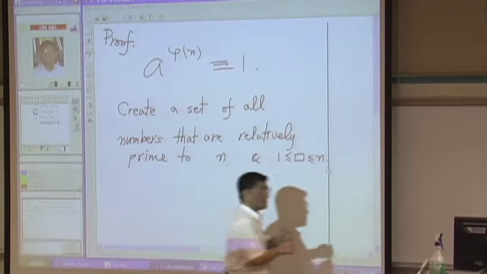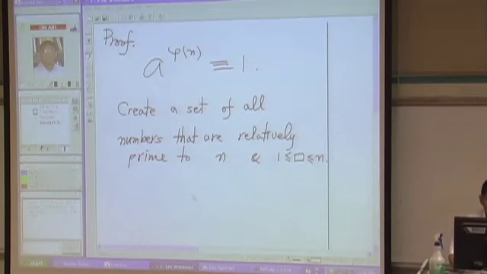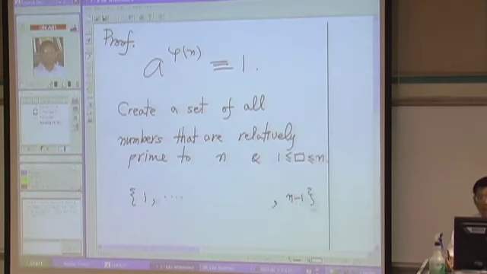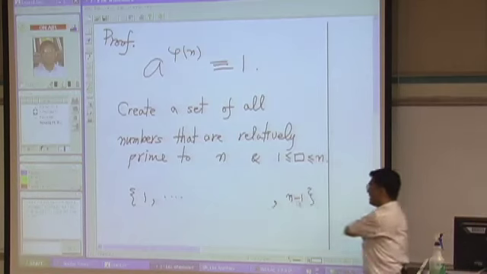So for instance, n is given, then 1, and some numbers in between, and then in the end n minus 1.